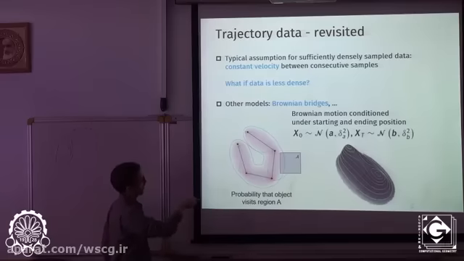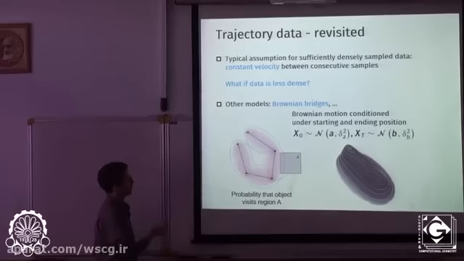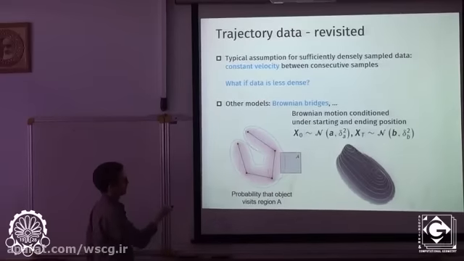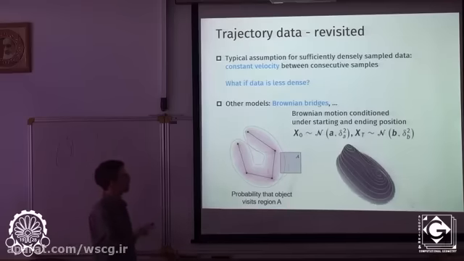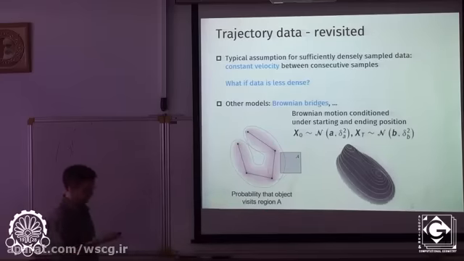So it actually moved through A. The polygonal path that I get did not move through A. But if I assume such a model, then I would at least say, okay, with a certain probability I moved to A, or the expected time I spent in A is something also. So this allows me to make inferences about the trajectory if the data is sparse.